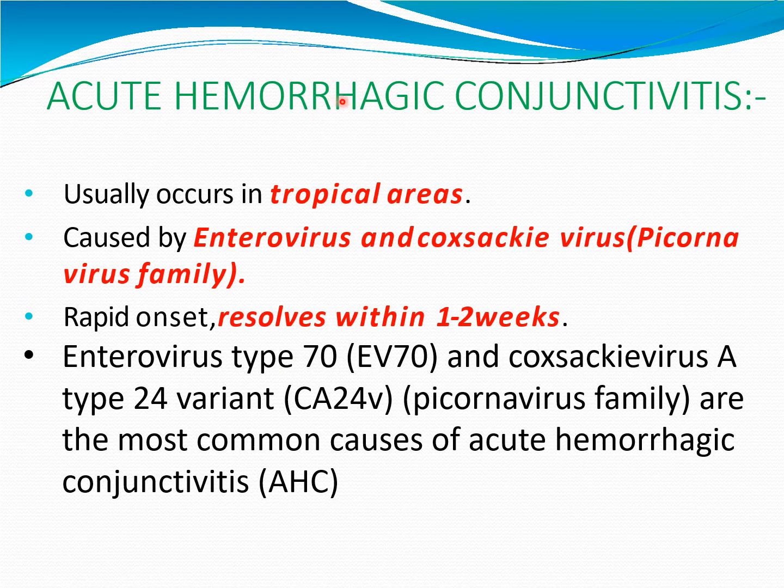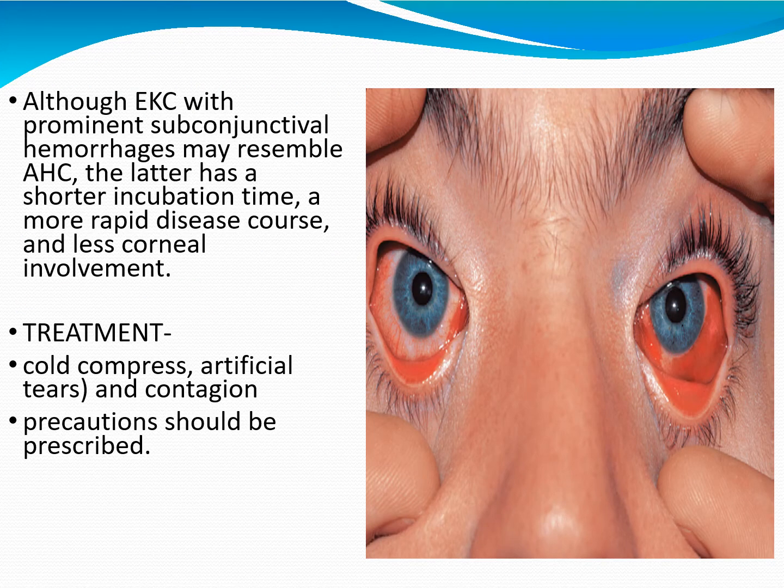Coming to the next, that is acute hemorrhagic conjunctivitis. It usually occurs in tropical areas and is caused by enterovirus and Coxsackie virus, which belong to the picornavirus family. It is rapid in onset and resolves within 1 to 2 weeks. Enterovirus type 70 and Coxsackie virus type A24 are the most common causes of acute hemorrhagic conjunctivitis.